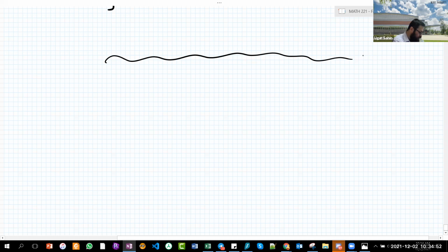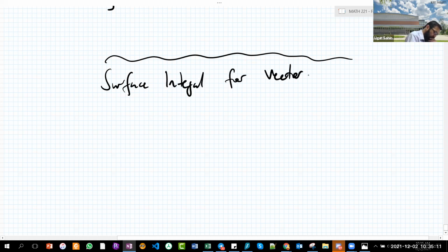But now we would like to go ahead and calculate vector field surface integrals. Surface integral for vector field. Obviously, it should be different than the surface integral for a scalar function.